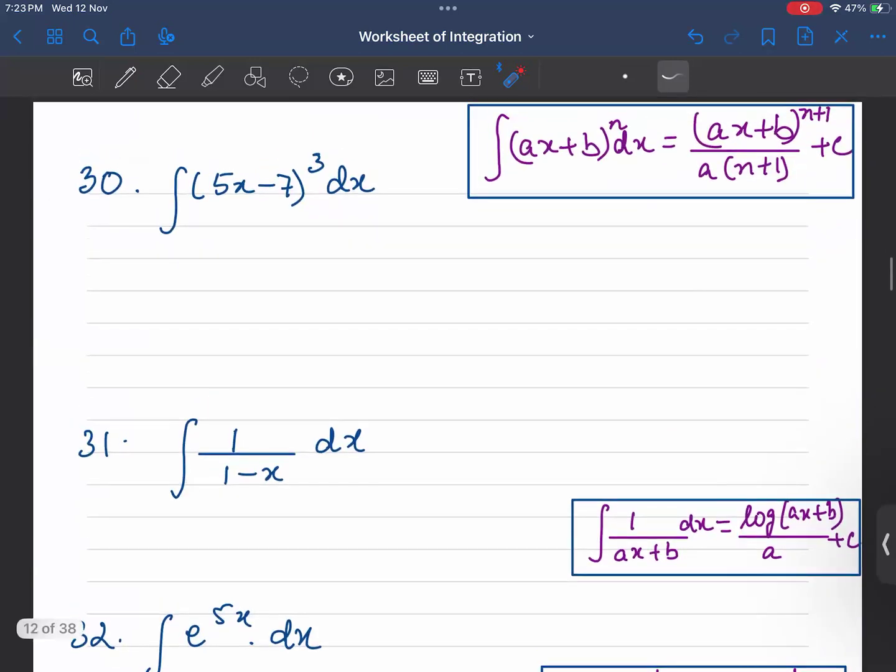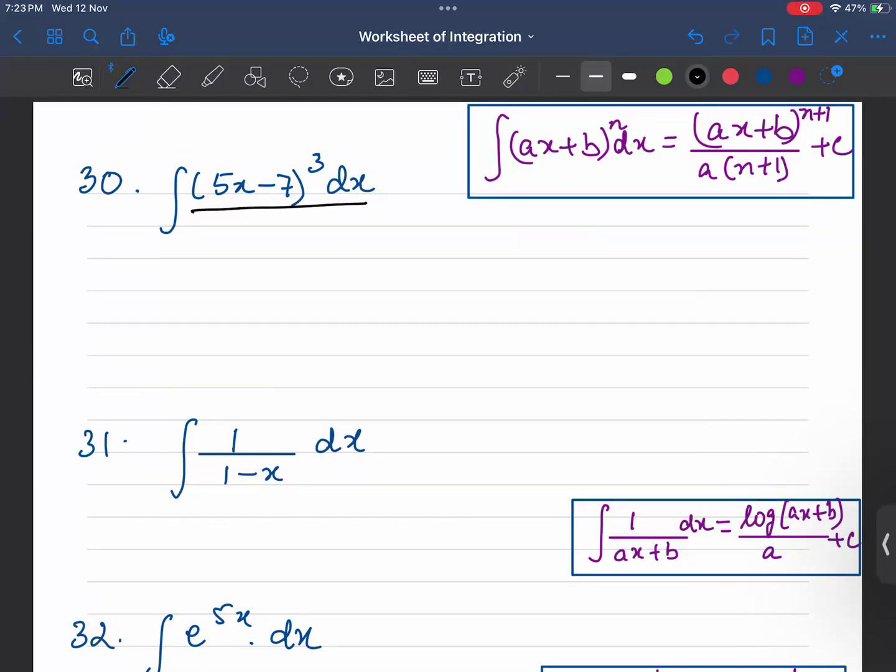This is a case. The first thing is I can substitute 5x minus 7 equal to u, and I can solve it. But at the same time, we can do it directly by the formula. We know (ax plus b) power n dx. It's the same like this.